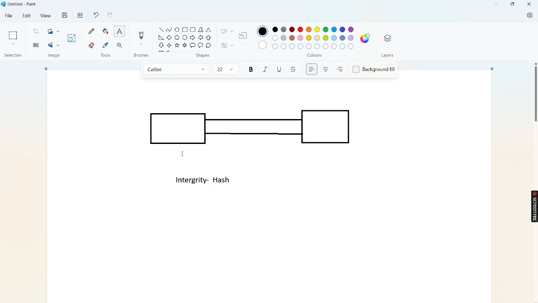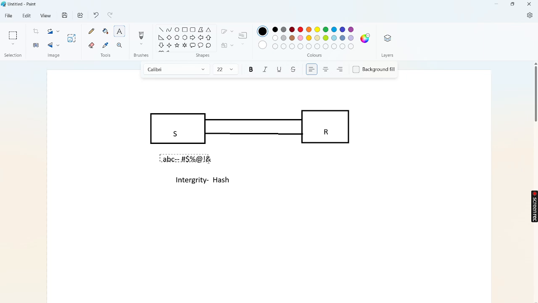What it will do is, from the sender to the receiver we are sending some data. Let us consider we are sending the data ABC. How will integrity be achieved? The ABC will be hashed, converted into some unknown values; we don't know what exactly it is. Once it is sent to the tunnel, nobody can change this data.